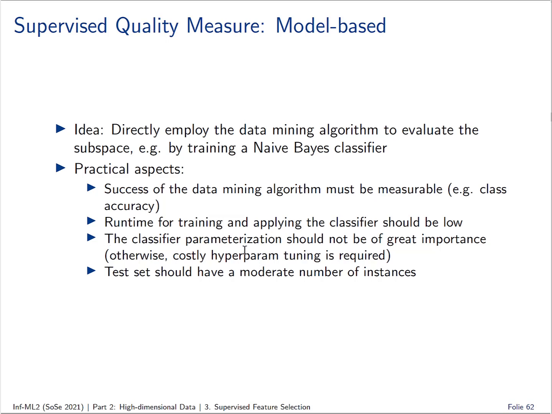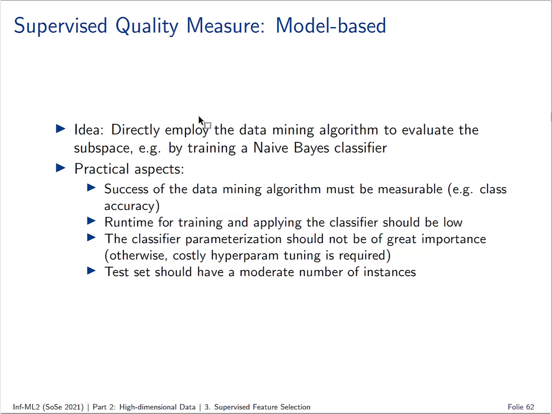Then the classifier parameterization should also not be of great importance, because otherwise you need to somehow tune these hyperparameters, and that might be quite costly, as we got to know already in the introductory part. Recall that hyperparameter tuning can be quite nasty and time consuming.